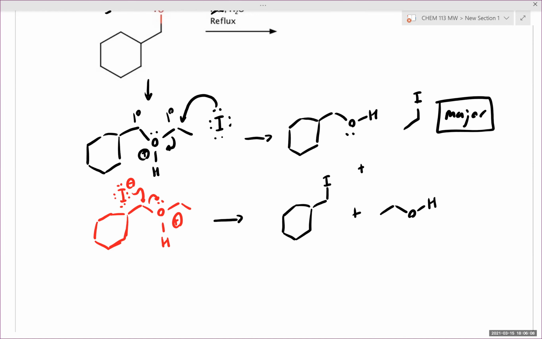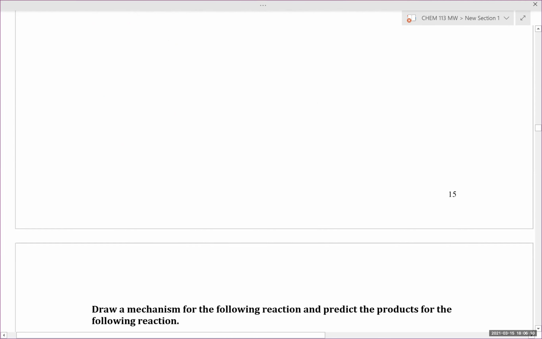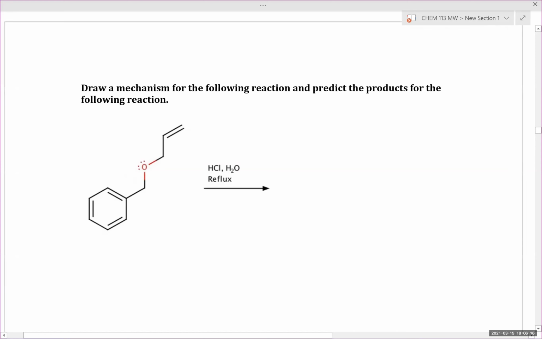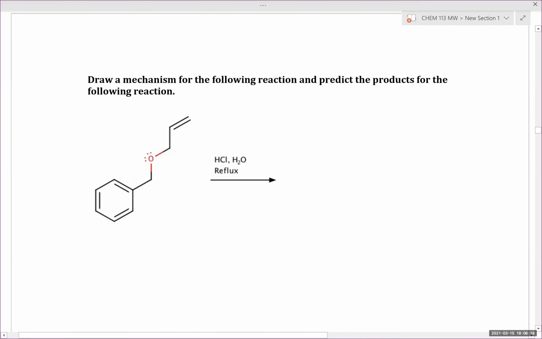Yep, no worries. Okay, so let's keep going then. And this time, let's try to draw a mechanism for the following reaction. Not much has changed, but a lot has changed for this substrate. In this case, hydrochloric acid is sufficient. And I'd like you to think about, why is hydrochloric acid suddenly okay for this reaction?